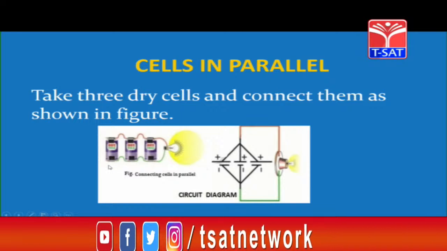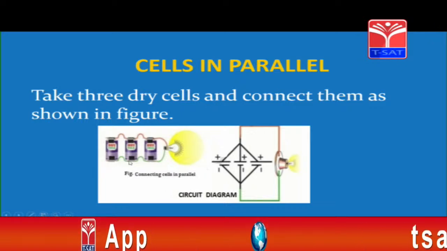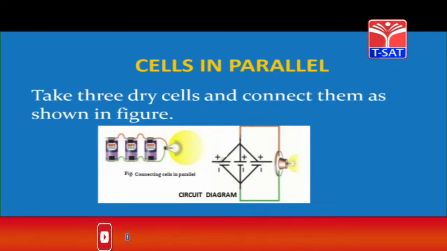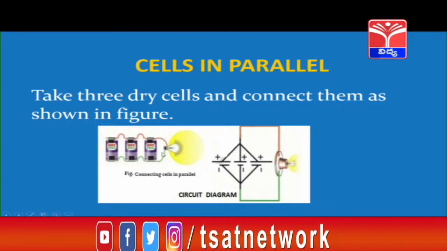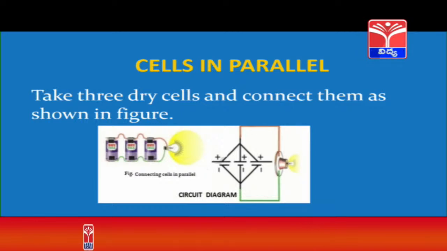Second, the negative terminal of the first cell is connected to the negative terminal of the second cell, again to the negative terminal of the third cell, and again it is connected to the bulb. Such an arrangement is called a parallel arrangement. Here we are connecting all the cells in parallel.